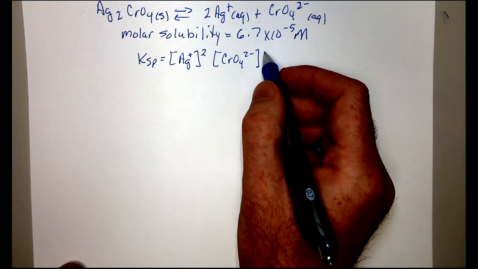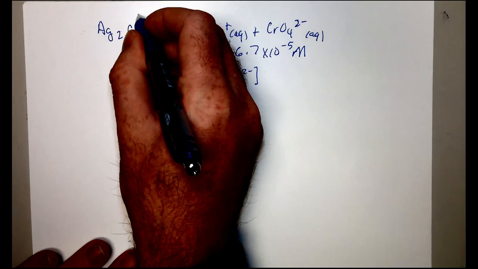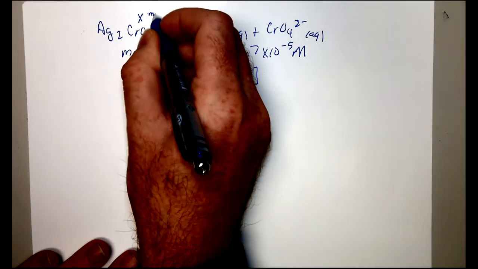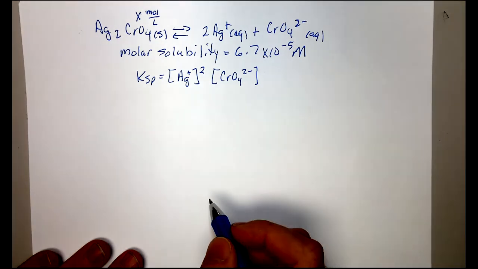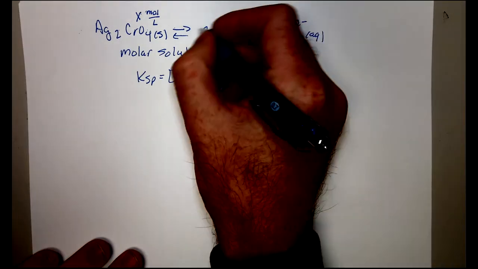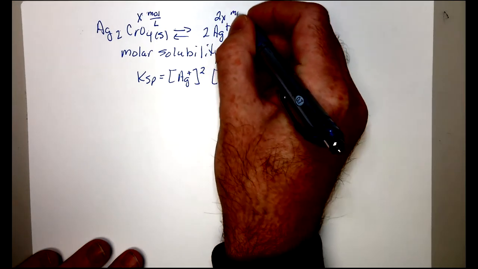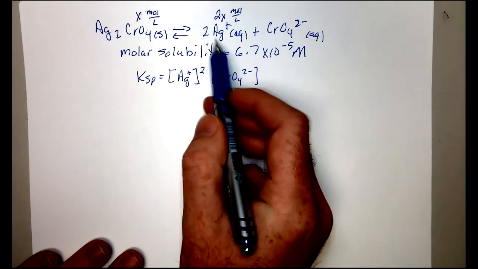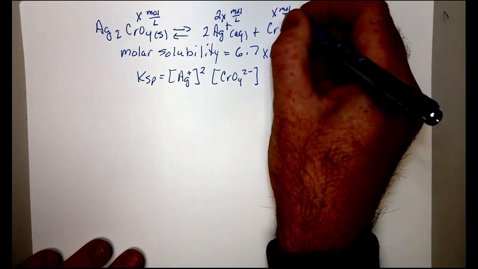So if we look at this reaction, let's say I just give it a variable and say x moles per liter of that dissolves, then for however much of that dissolves, I'm going to get 2x moles per liter of silver ion because of the 2 coefficient, and I would get x moles per liter of that.